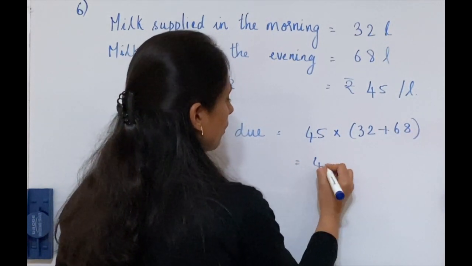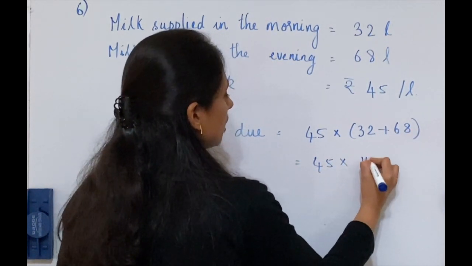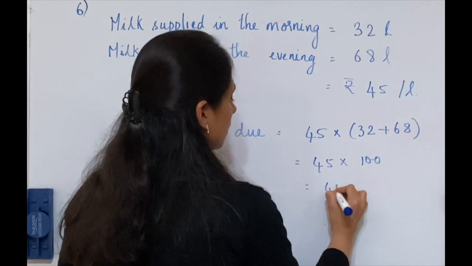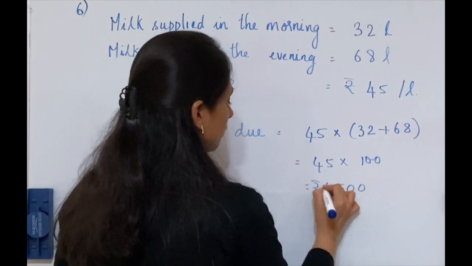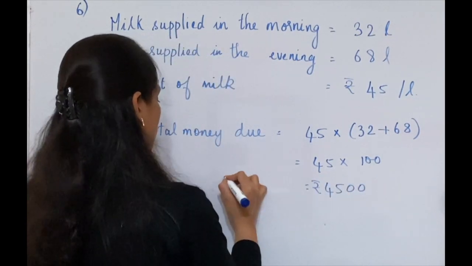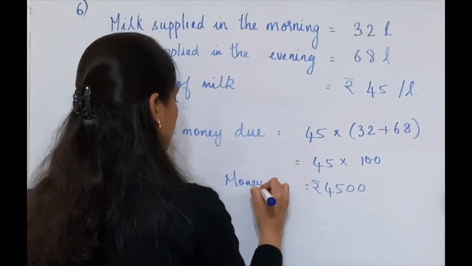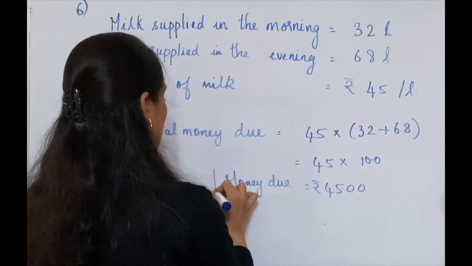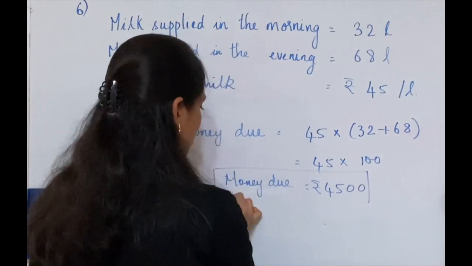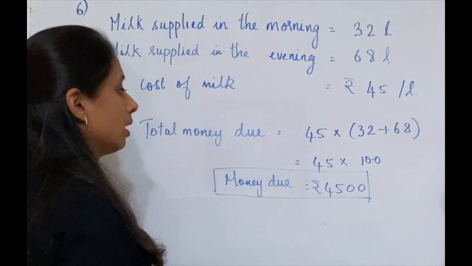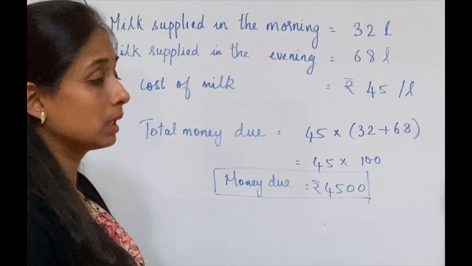This becomes 45 into 100. This is rupees 4,500. So money due: the hotel has to pay rupees 4,500 to the milk supplier.